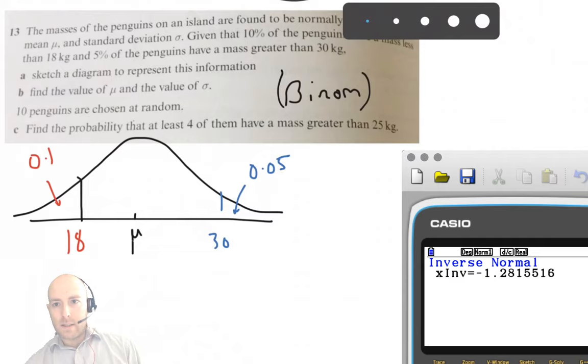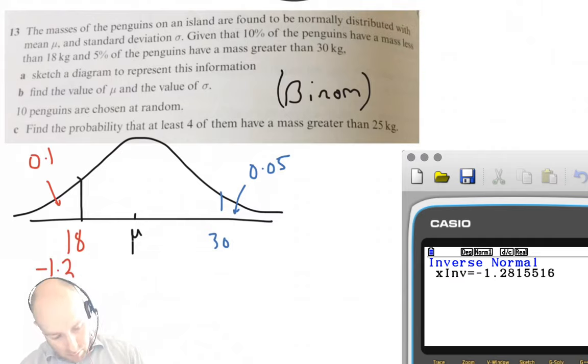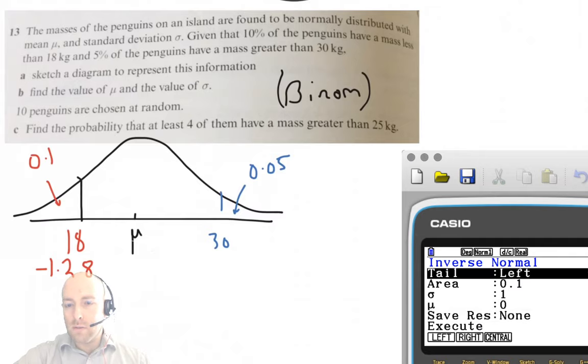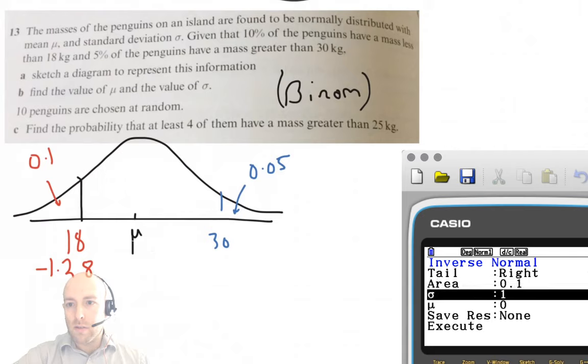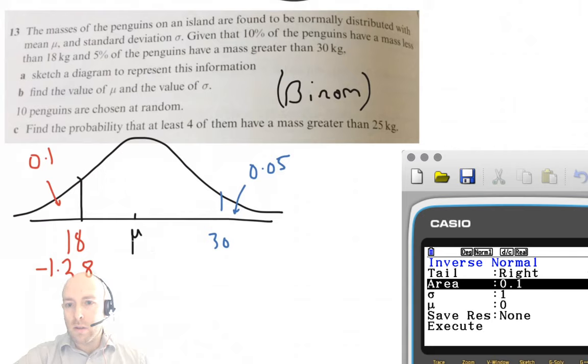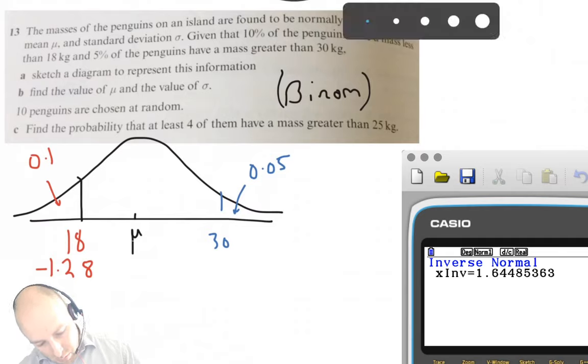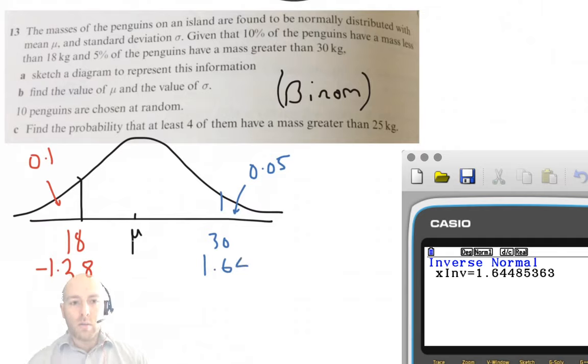And we get 18, the corresponding Z value is minus 1.28. Same thing with 30, so put our tail to the right, or if you're on the ClassWiz, do 1 minus 0.05, area 0.05. Execute: 1.64. Cool, so those are my two values.